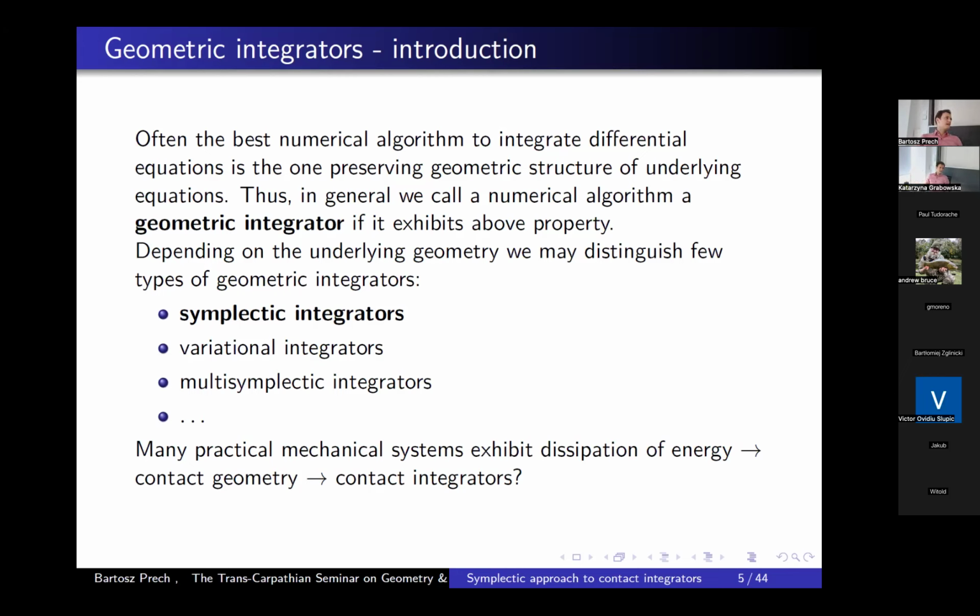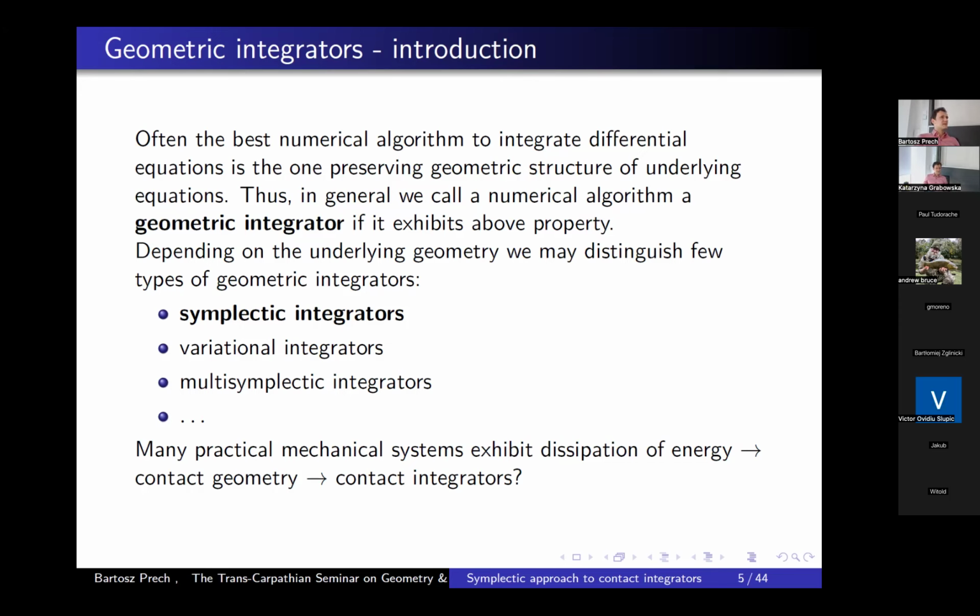So the error doesn't explode at a certain point, or at least it should not. And there are many examples of integrators that we consider depending on the geometric structure that we use to formulate it. The most studied and best known are symplectic integrators, coming from symplectic geometry.